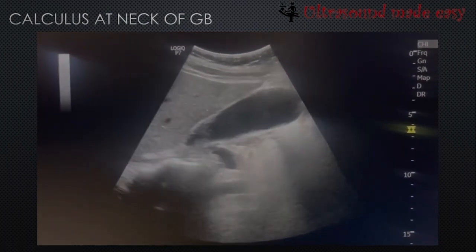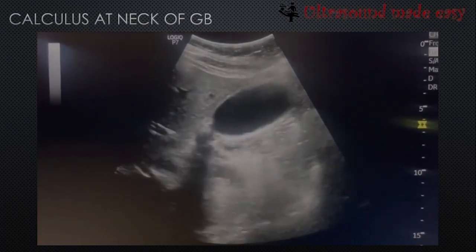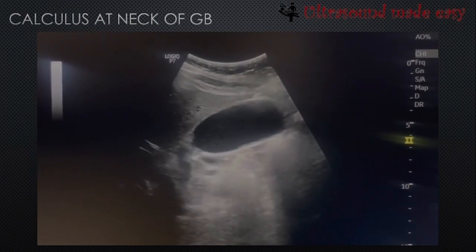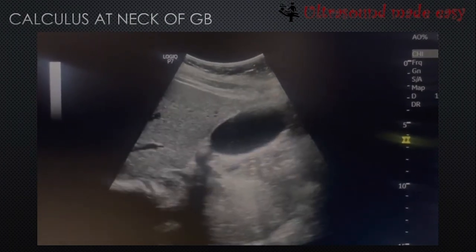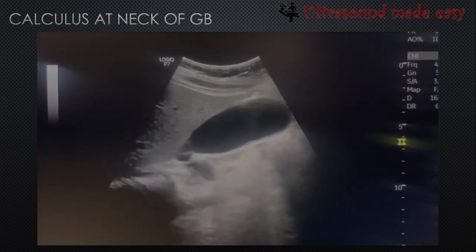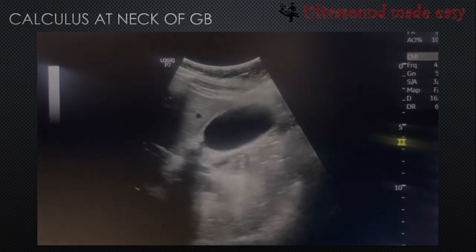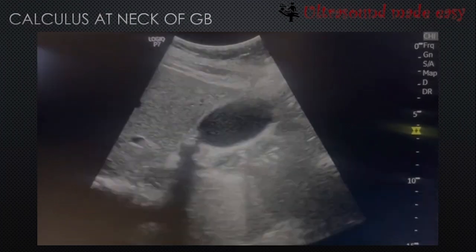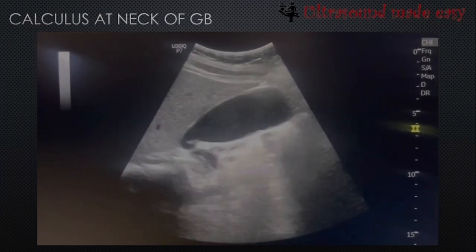This is a painful condition, and sometimes patients present with acute abdominal pain in the right hypochondrium, with a positive Murphy sign and probe tenderness. So whenever you find a distended gallbladder, don't forget to look at the neck of the gallbladder.